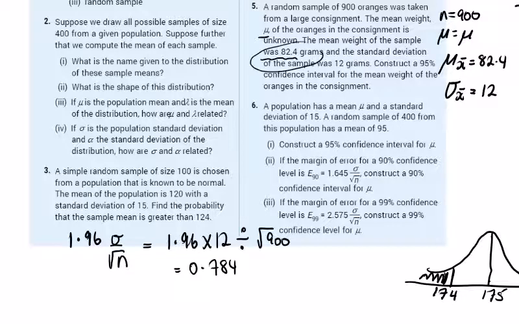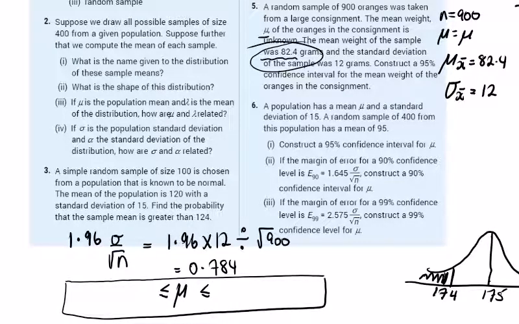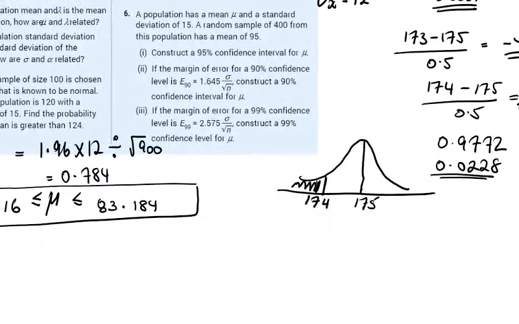So I have to add that on to my 82.4, and then take it away, and I'll have my 95% confidence interval. So 82.4 plus 0.784 is 83.184, and 82.4 minus 0.784 is 81.616 for question 5.